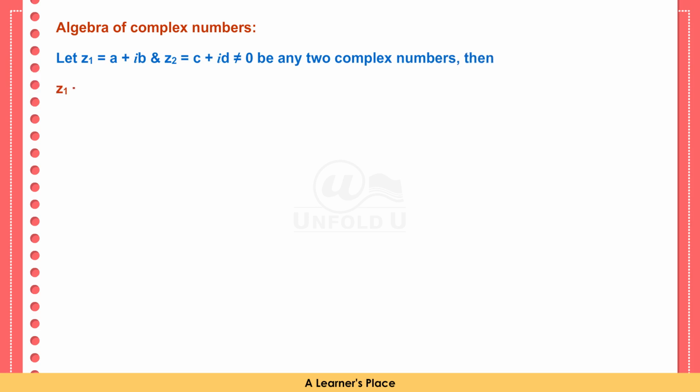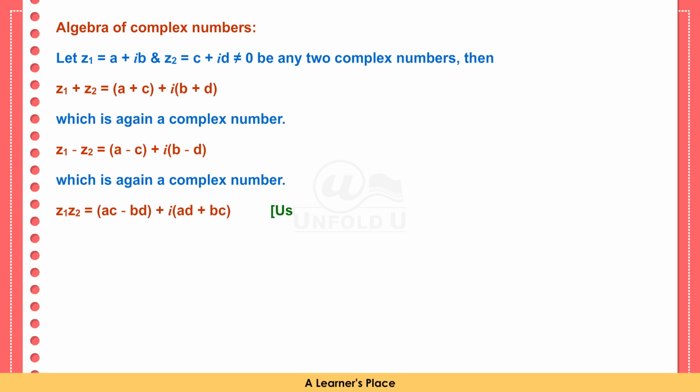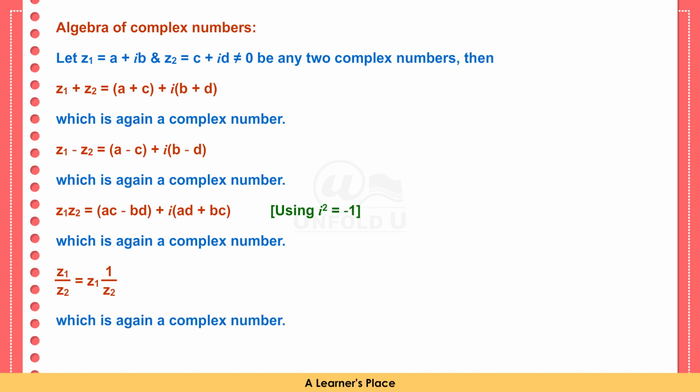Then z1 plus z2 is equal to a plus c plus iota into b plus d, which is again a complex number. z1 minus z2 is equal to a minus c plus iota into b minus d, which is again a complex number. z1 into z2 is equal to ac minus bd plus iota into ad plus bc, which is again a complex number. z1 upon z2 is equal to z1 into 1 by z2, which is again a complex number.